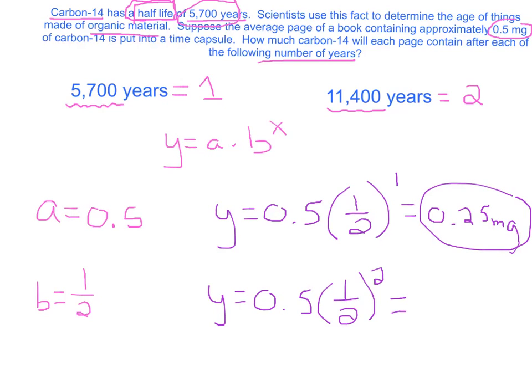And then 11,400 years, the carbon-14 will be cut in half twice, and there will be 0.125 milligrams left over. So there's your full lesson on exponential growth and exponential decay with a special scenario of exponential decay involving half-life. So good luck!